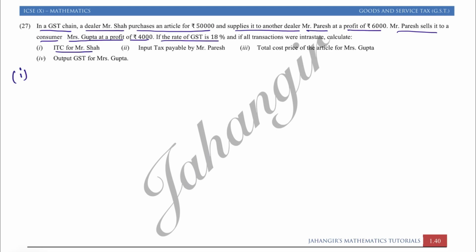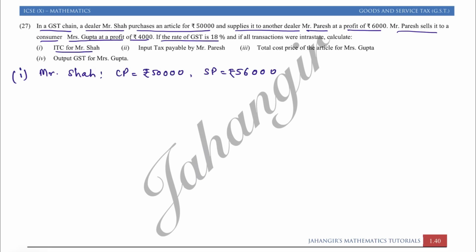ITC means input tax credit. So Mr. Shah, what is its CP? Mr. Shah purchased an article for ₹50,000 and sold it to Mr. Paresh at a profit of 6,000 rupees. So its SP will be 56,000. So Mr. Shah's CP is 50,000 and SP is 56,000.